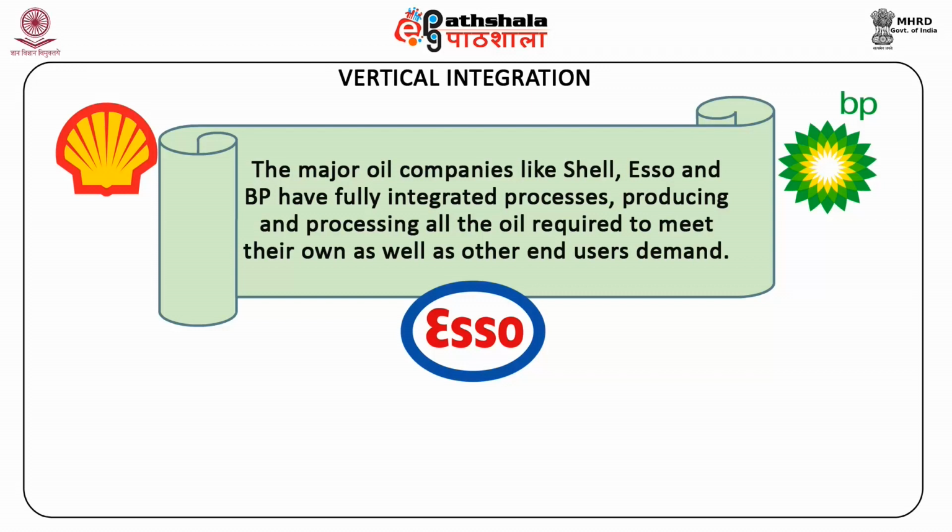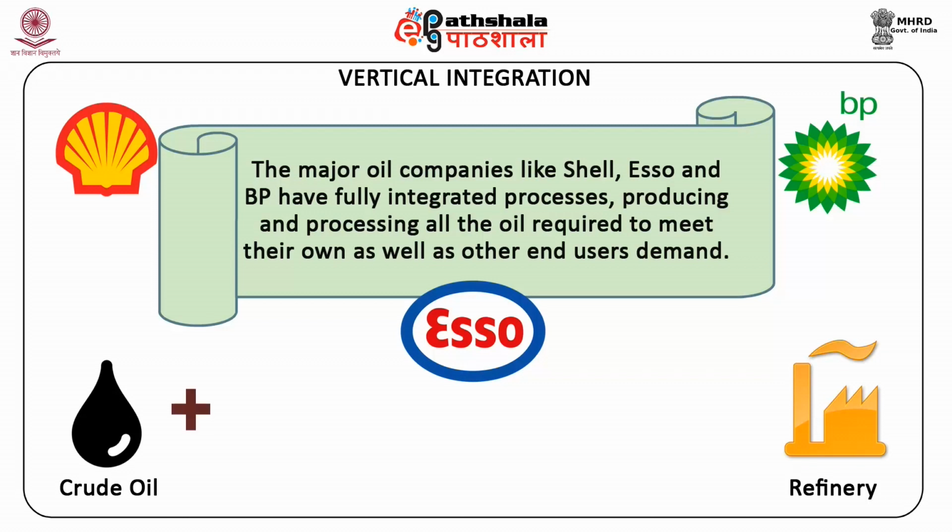Many companies do not produce sufficient crude oil to keep their refineries going and have to purchase crude oil from other suppliers. Different degrees of integration are prevalent in the industry, as some of the oil firms may only own crude oil and refineries and buy facilities for transport, such as pipelines or tankers, to move their crude oil. Others may only own a refinery and a petrochemical plant, therefore making a lateral move into another vertical chain.